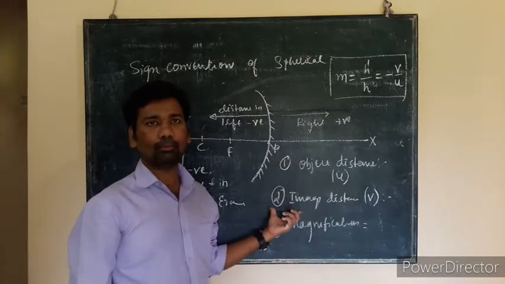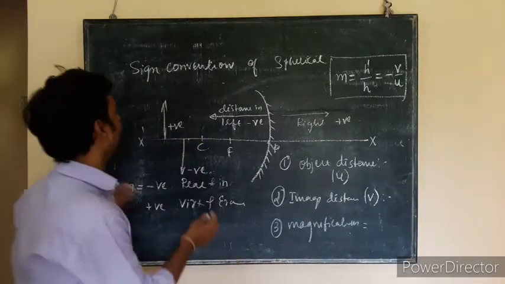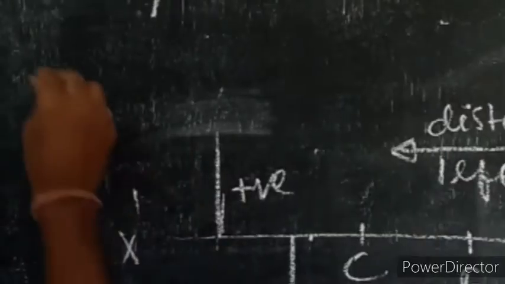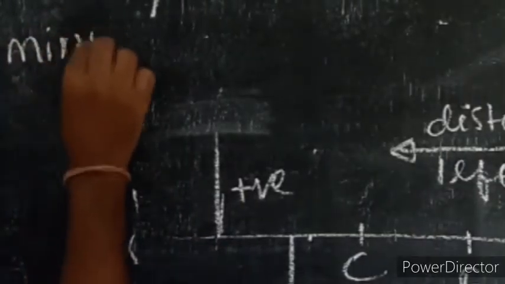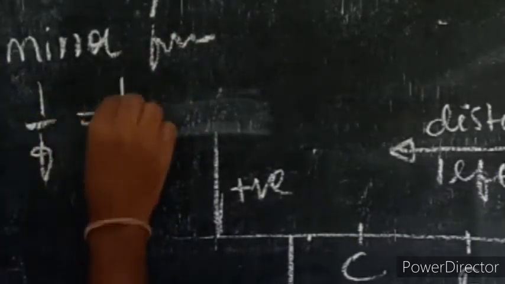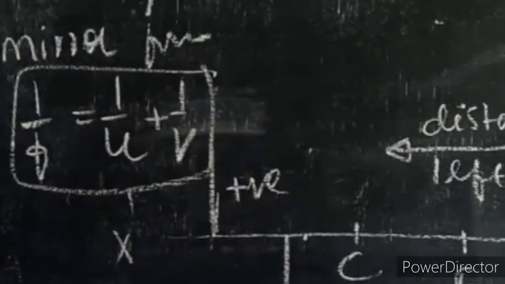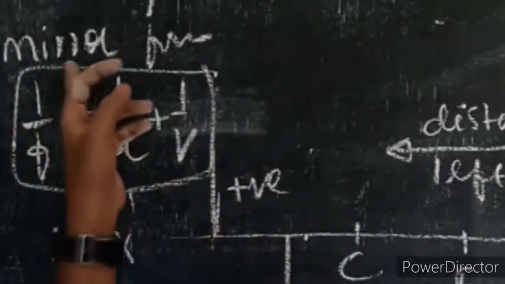Before solving the problems, I will give the mirror formula, that is 1 by f is equal to 1 by u plus 1 by v. This is the formula of a mirror.